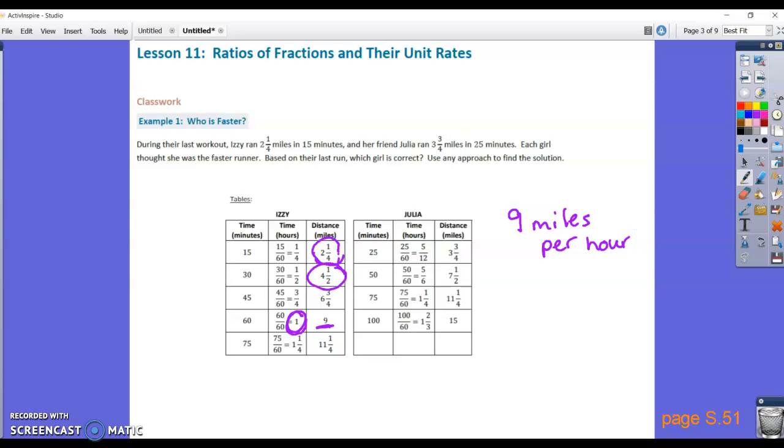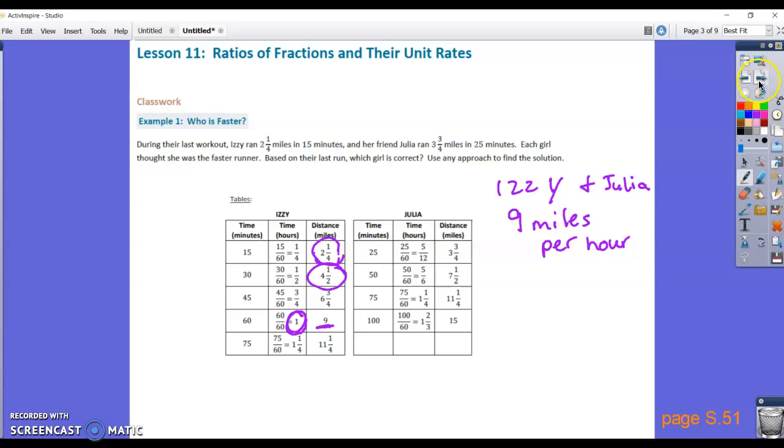So both girls, Izzy and Julia, had the same pace of 9 miles per hour. And we're assuming there that they have a proportional relationship, meaning they're keeping the same pace. It's not changing any.